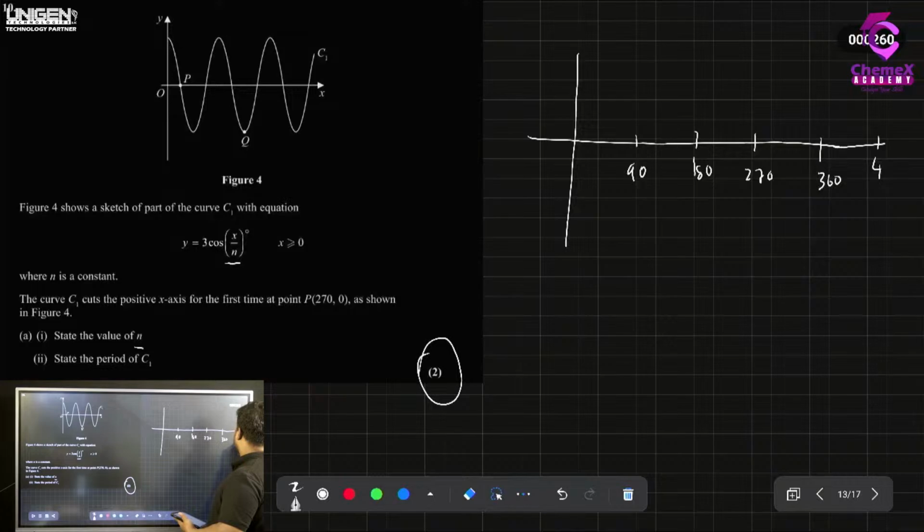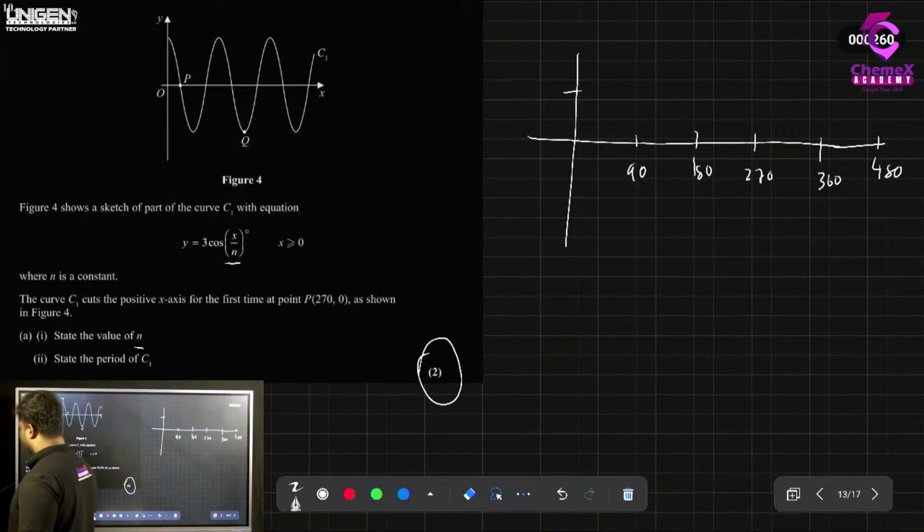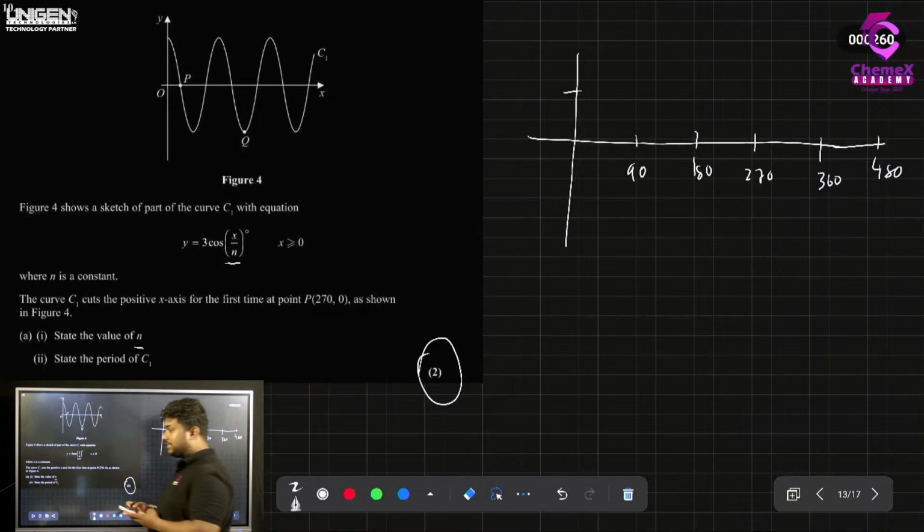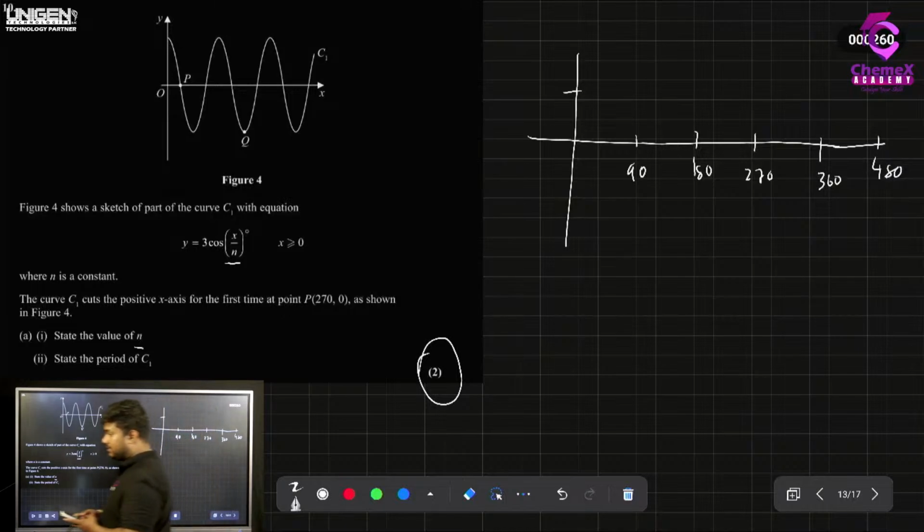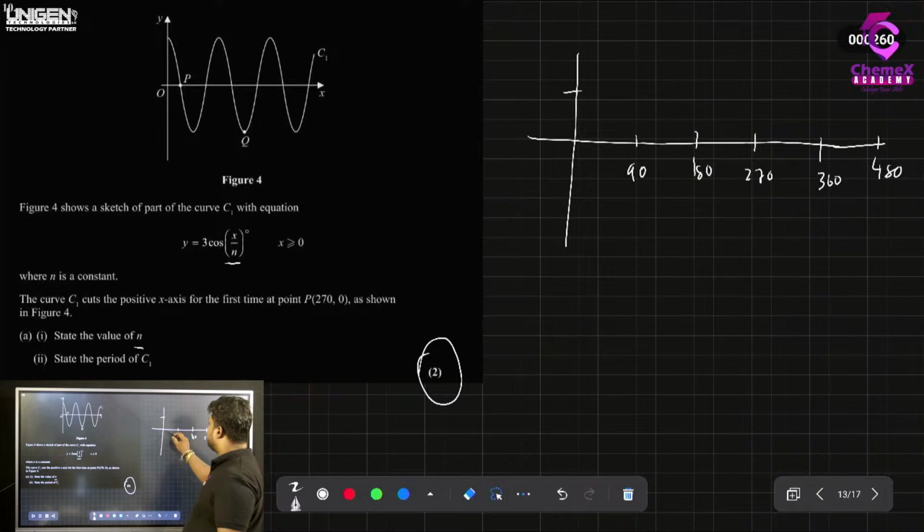Can someone type and say what is sin 90? Not sin, cos. What's cos 90? What's cos 90? -1. Wrong. Cos 0 again? 0, sir.